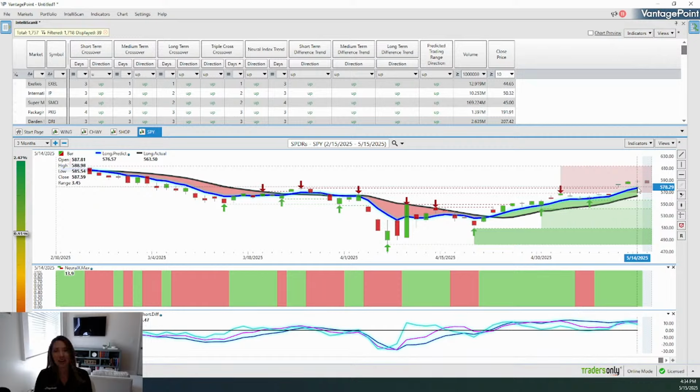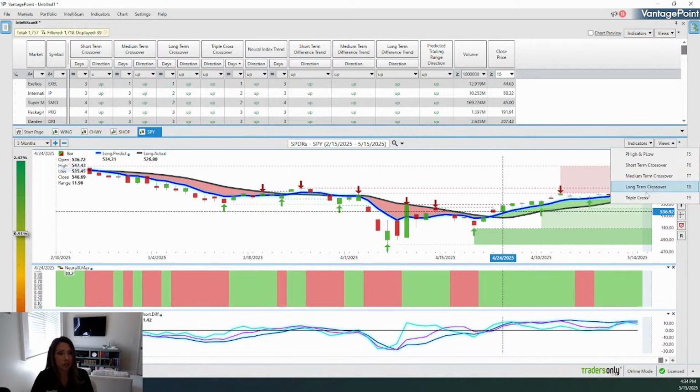VantagePoint told us that weeks ago. And that's the benefit of truly trading with true artificial intelligence that looks at the markets as a whole. And by whole, I mean as the entire world, right? That's the power in VantagePoint, is that we're looking at this global market analysis and really identifying these trends much earlier than what you would have to wait to hear the news, right?